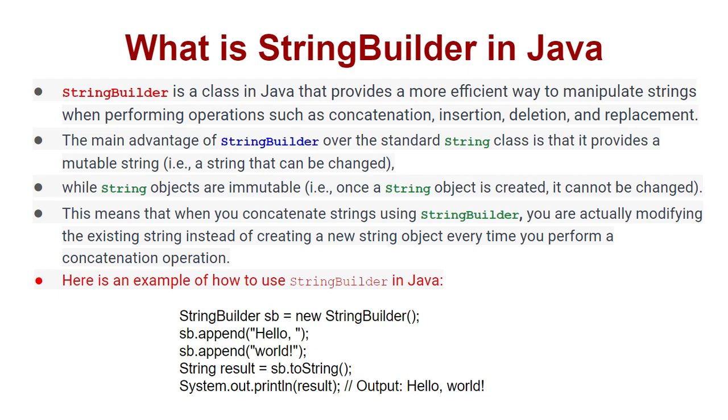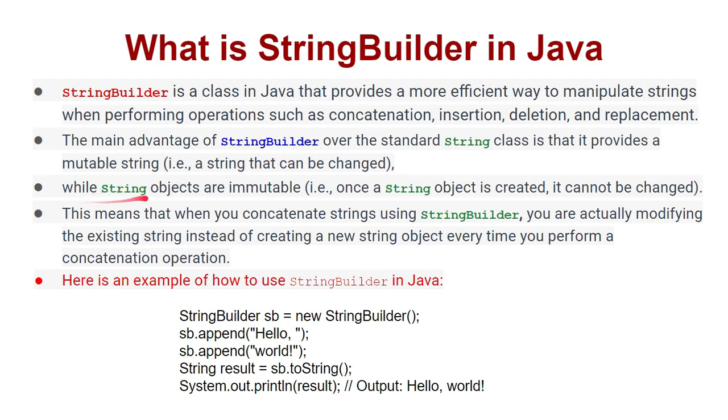Once a String object is created, it cannot be changed; you have to create a new object. But with StringBuilder, you can modify the existing object itself. So this is the difference between StringBuilder and String.